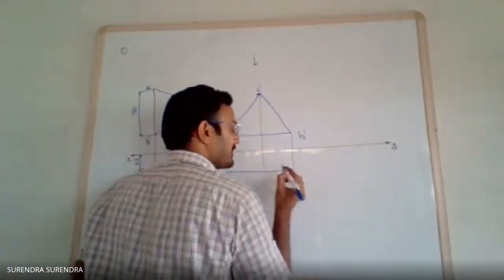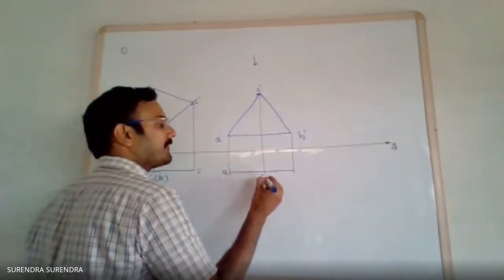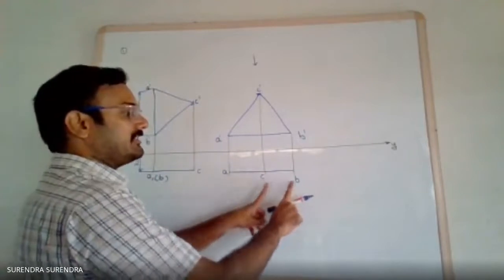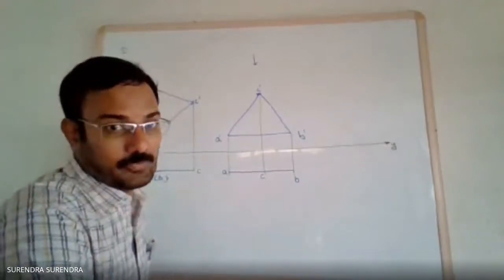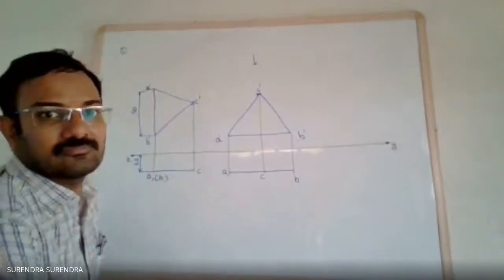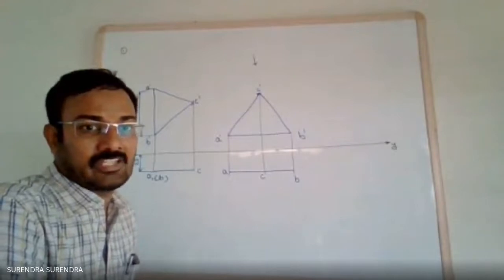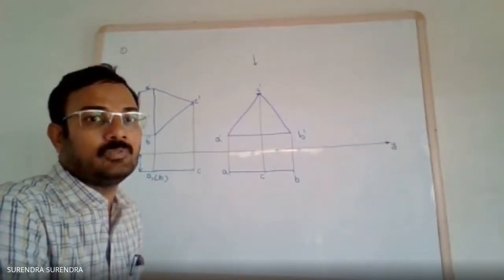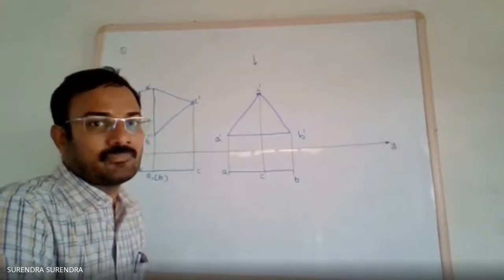Even though it looks like a straight line, these points are A, C, B. We are seeing the lines AC and CB in the top view. So this is the way of drawing when a surface is perpendicular to the horizontal plane and parallel to VP, with one of its sides parallel to HP.